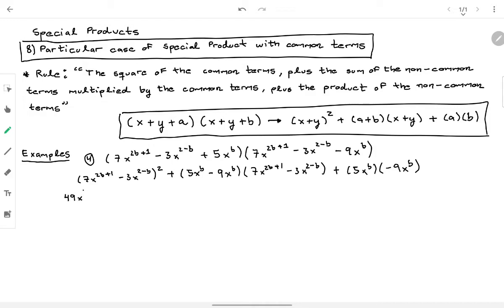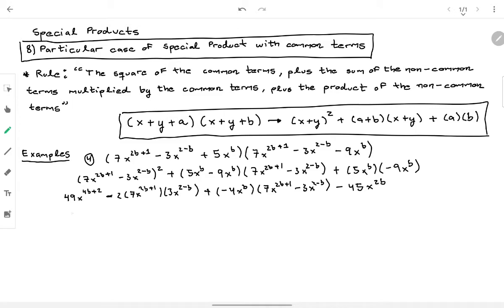49x to the 4b plus 2. Then it's going to be minus 2 times 7x to the 2b plus 1 multiplied by 3x to the 2 minus b. Then it's going to be plus, it's going to be minus 4x to the b, that will multiply 7x to the 2b plus 1 minus 3x to the 2 minus b, minus 45x to the b plus b, it's 2b.